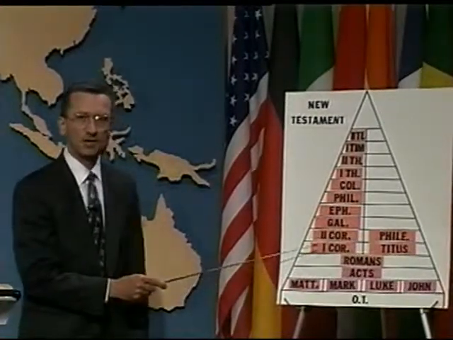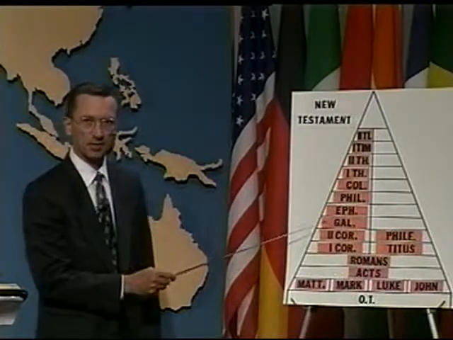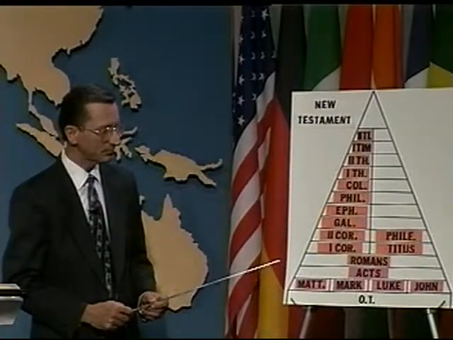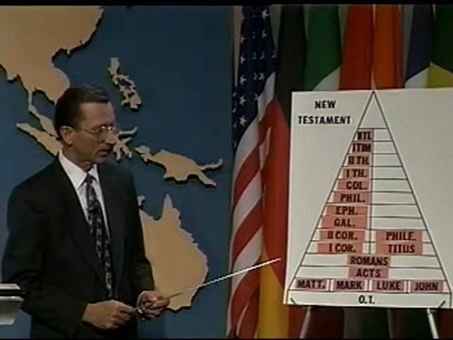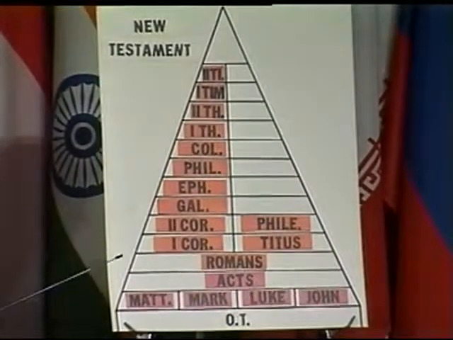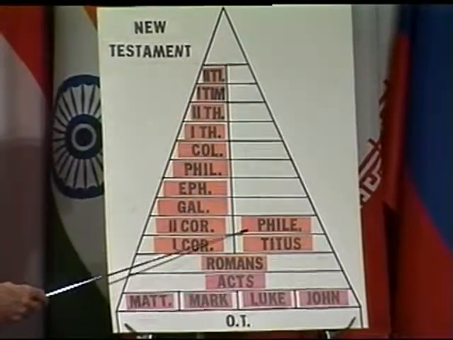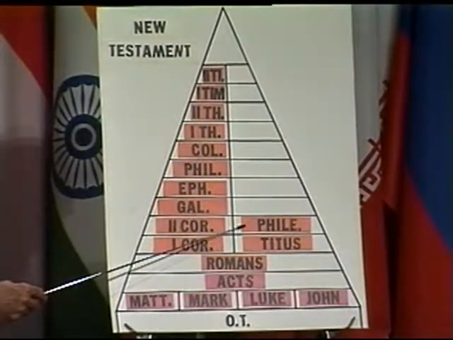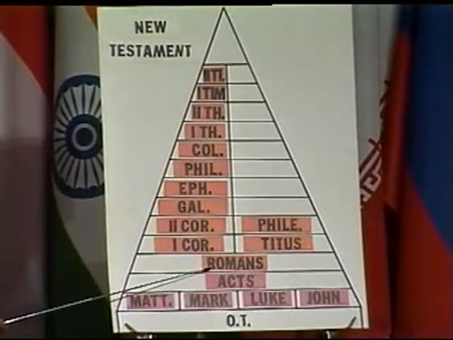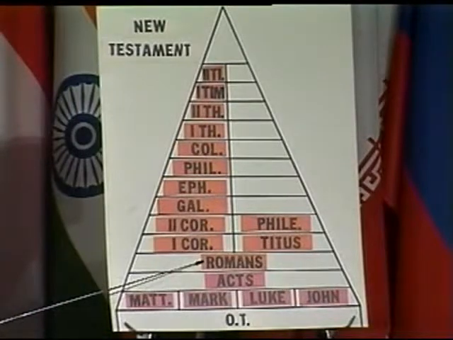Now, I perhaps should explain why I haven't followed the exact order of the New Testament books. Apparently, the reason the books were placed in this order is because they go from the longest epistle of Paul to the shortest.